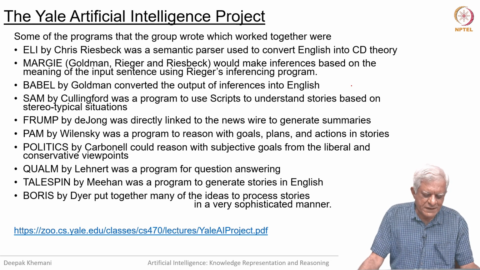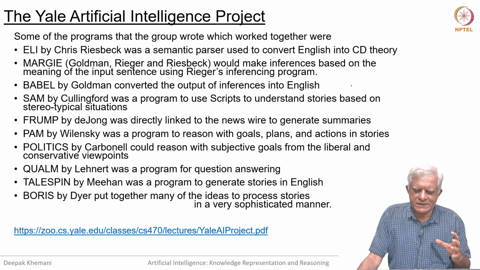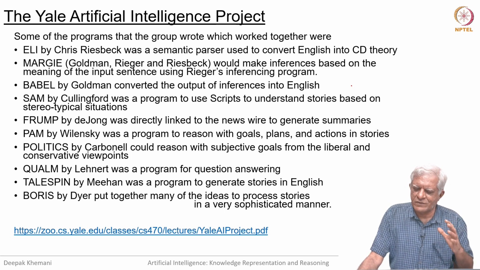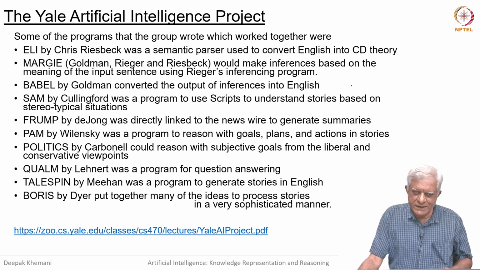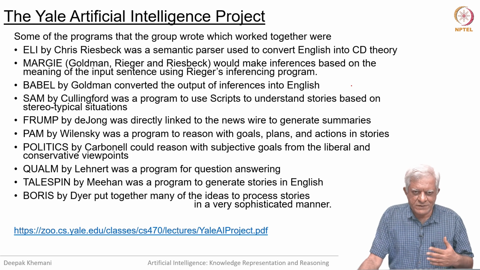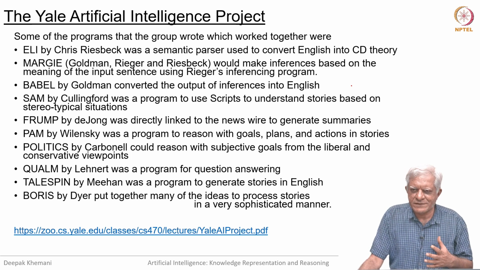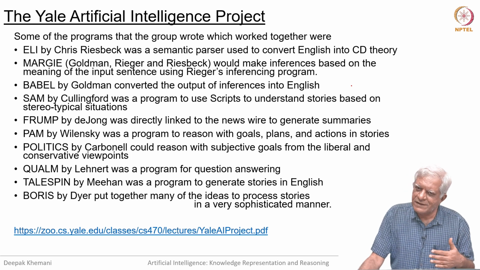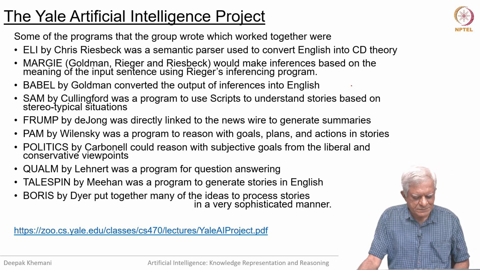Boris by Dyer put together many of these ideas from the Yale group into one mammoth program, which could really understand fairly complex stories. So, you should look up Boris and Dyer, and you might get some stories that the program could answer questions about. As I said, the way to accept that they are understanding the thing is if they could answer questions.